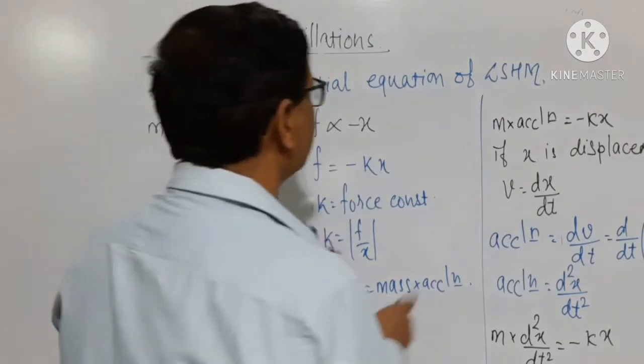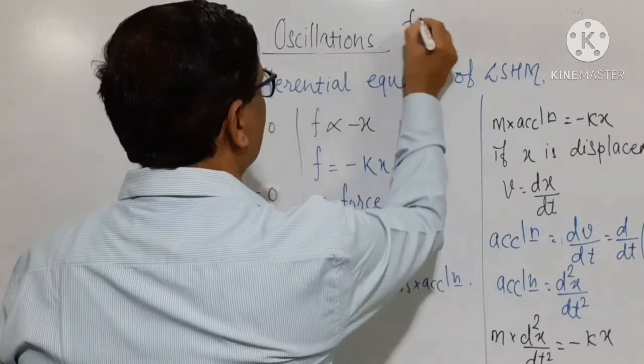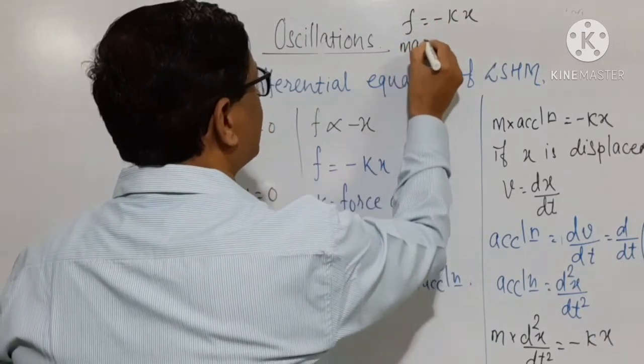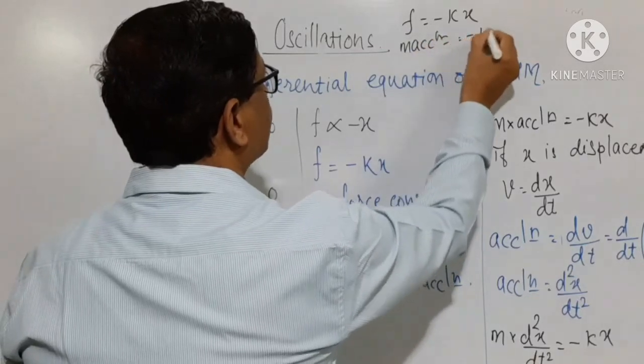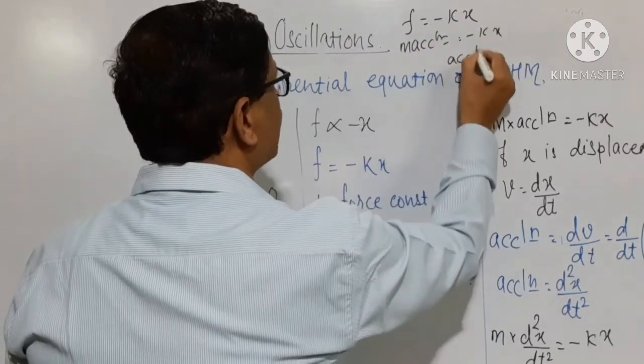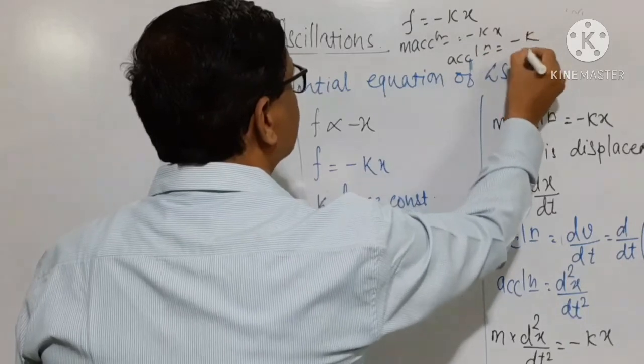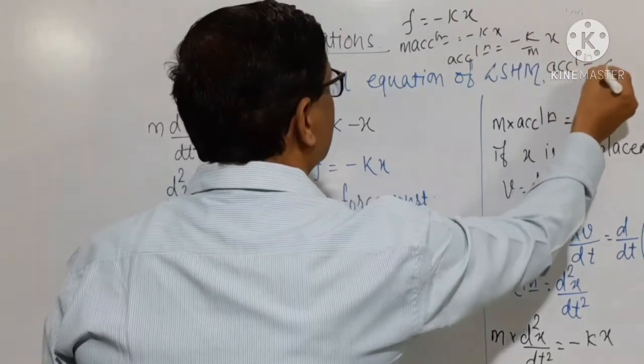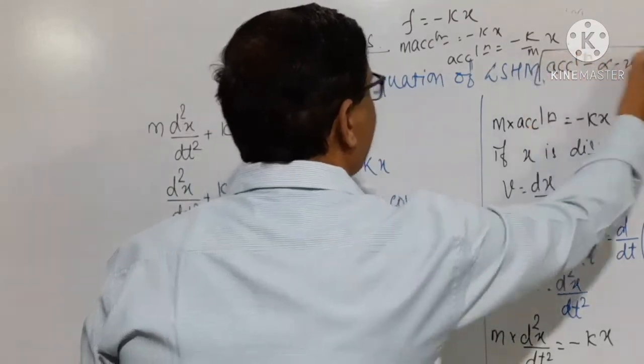When I am saying that F is equal to minus of kx, mass into acceleration is equal to minus of kx, acceleration is equal to minus of k by m into x. This means that acceleration is directly proportional to minus x.